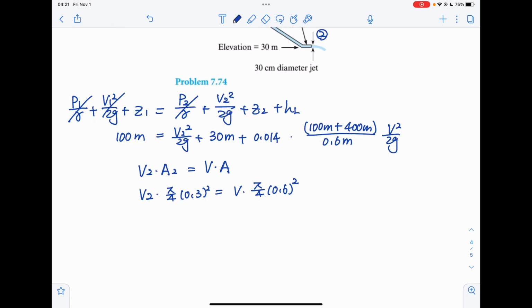So V2 is gonna equal 4 times the velocity in the pipe.